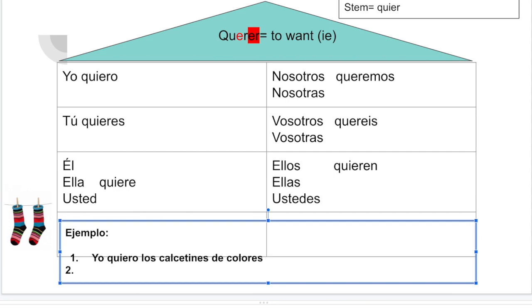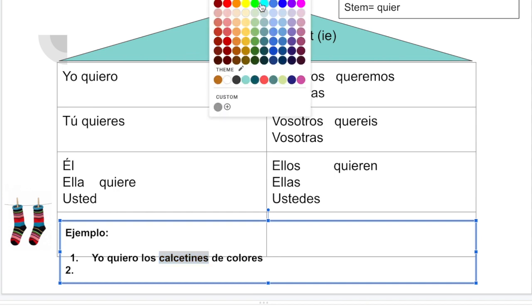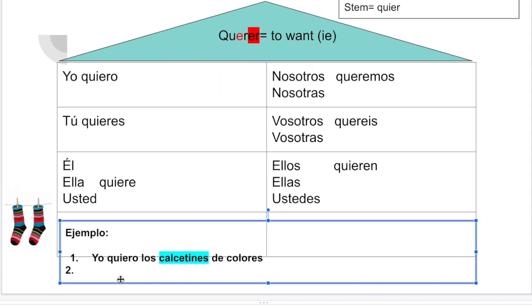I want the colorful socks. So calcetines, socks. I'm going to highlight this because that's a new word. And I'm just going to use another one. Pedro y Claudia. That's Pedro and Claudia.